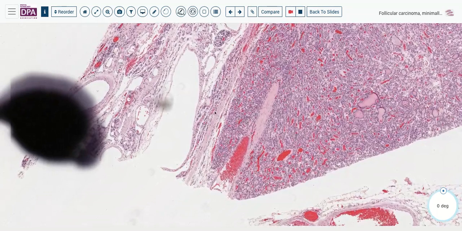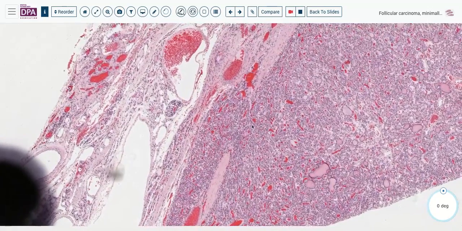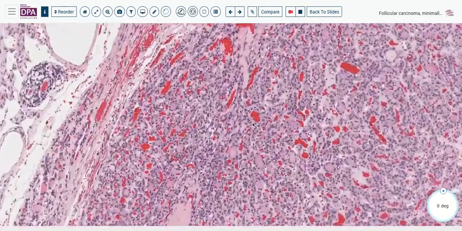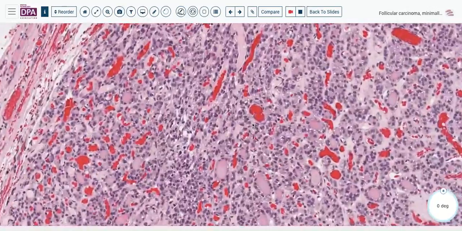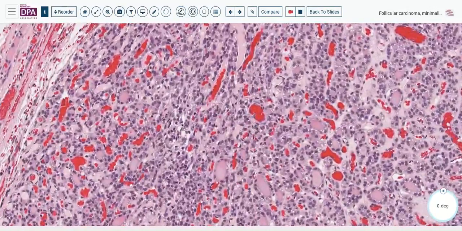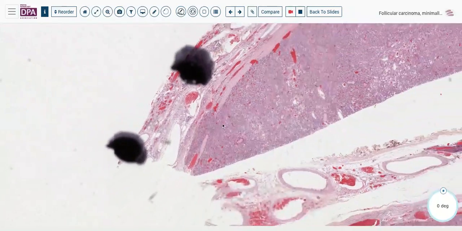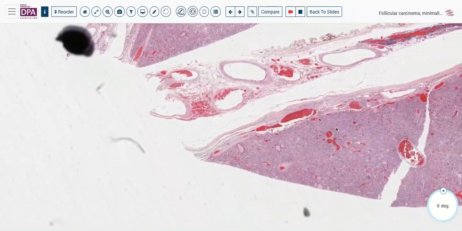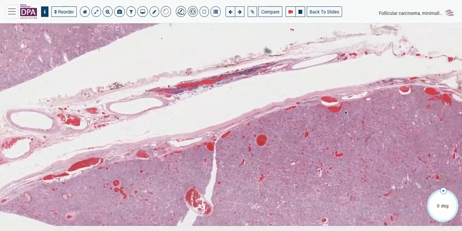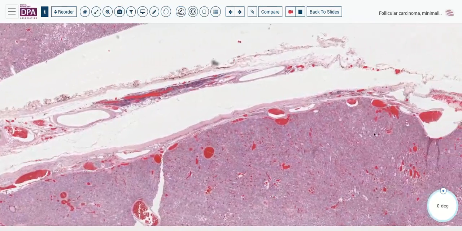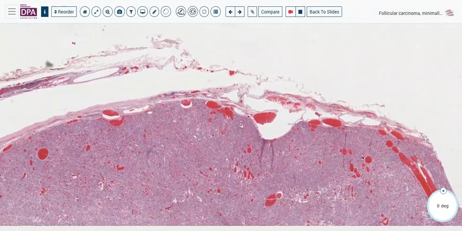And then we get a little secondary cap over a portion of it, perhaps. So this would be certainly one marker looking for capsular invasion. You can see that the cells do not have papillary features, no nuclear features of papillary carcinoma. And we, of course, want to evaluate the entire capsule to see, do we have other features? Do we have angioinvasion, et cetera.